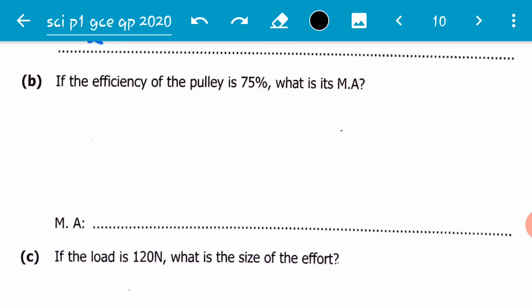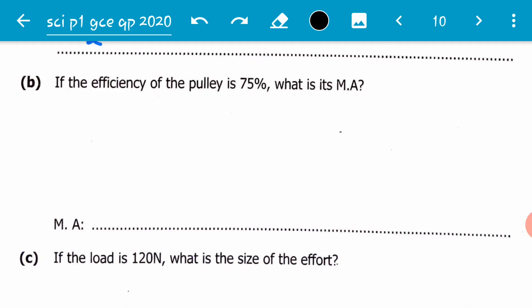B is saying if the efficiency of the pulley is 75%, what is its mechanical advantage? Now, we know that the formula for efficiency is equal to mechanical advantage divided by velocity ratio times 100%.